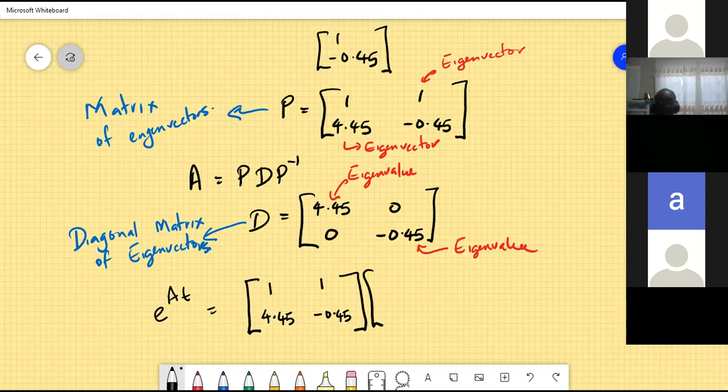So the diagonal matrix that we're going to write down is of the same form as A, but we're going to replace A by the eigenvalue of each of them. So the diagonal matrix is e to the 4.45t, and the other eigenvalue is going to be e to the negative 0.45t.